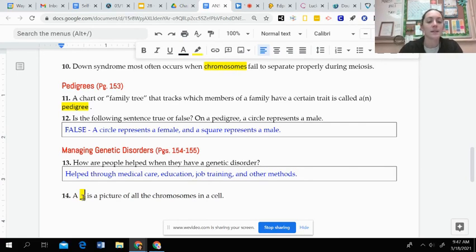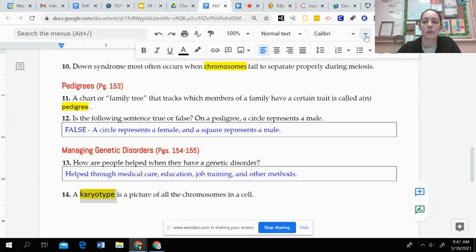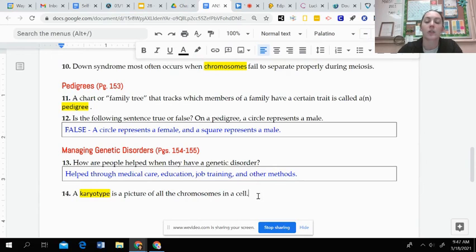And then a blank is a picture of all the chromosomes in a cell. This should be a karyotype. And then a karyotype and a pedigree can be used to help manage genetic disorders.